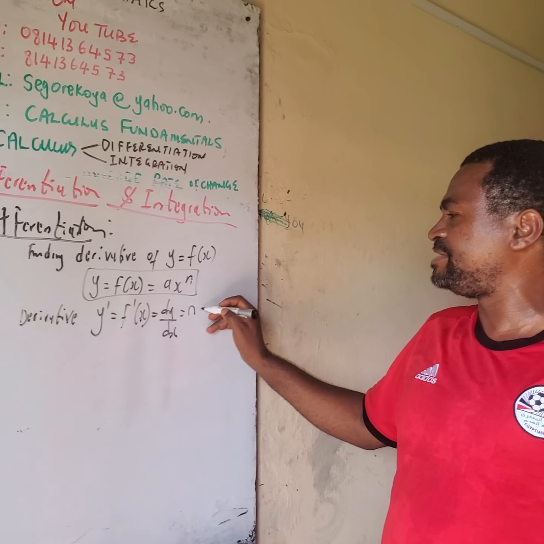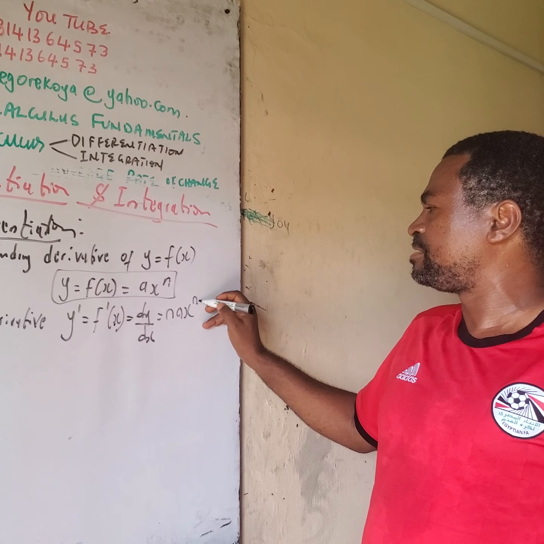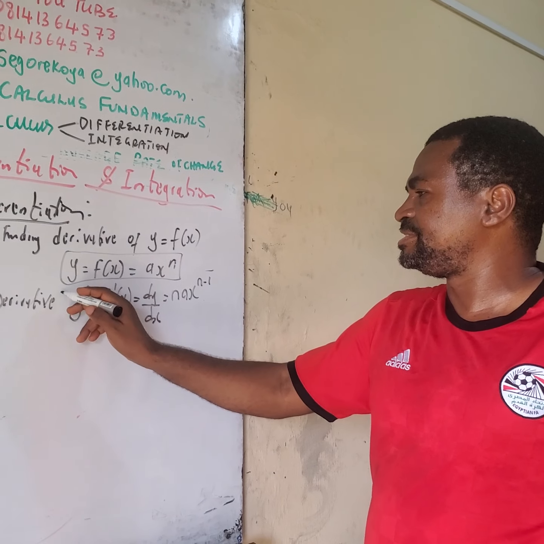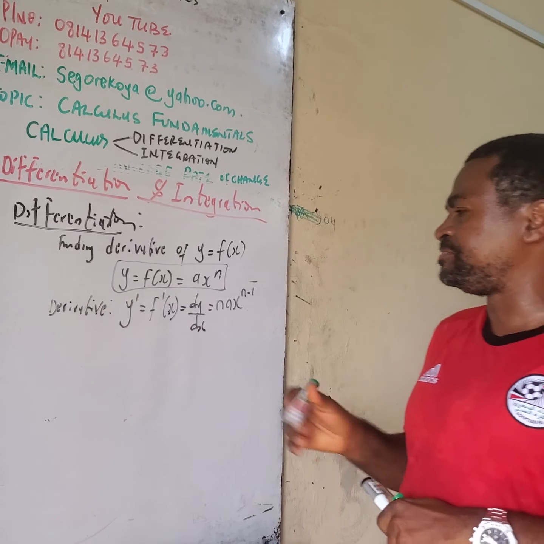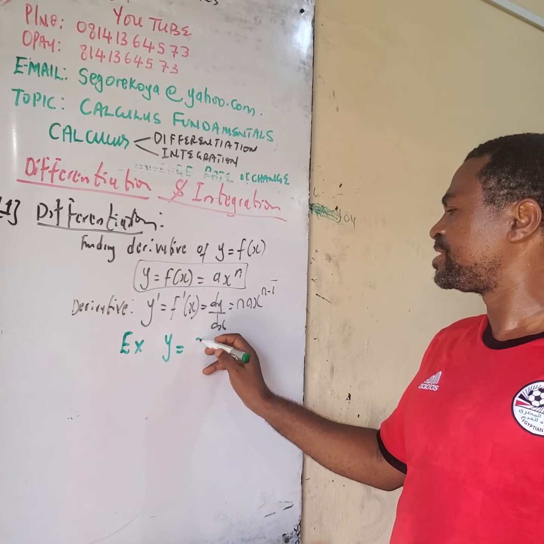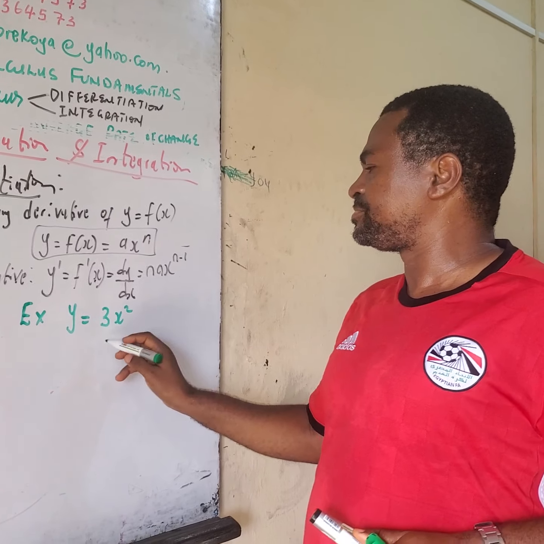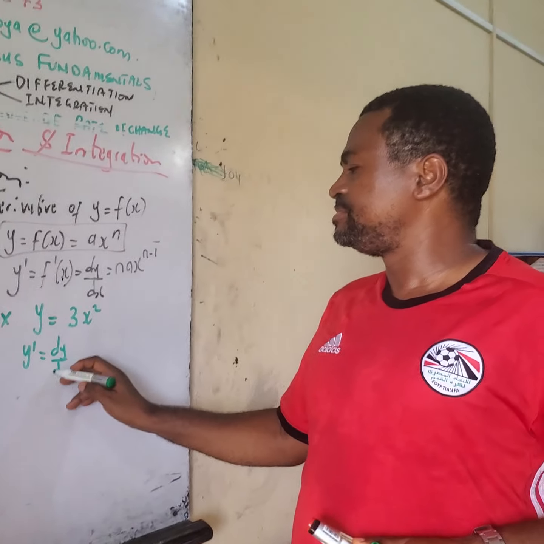So we have n times a, then you subtract 1 from this n. So this is how to find the derivative of a function. Example, let me say I have y is equal to 3x squared. Then y prime, also known as dy dx.